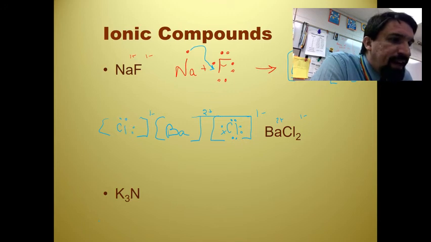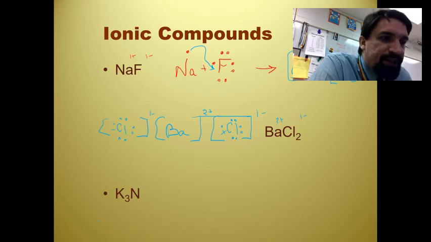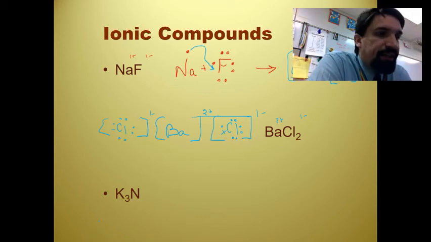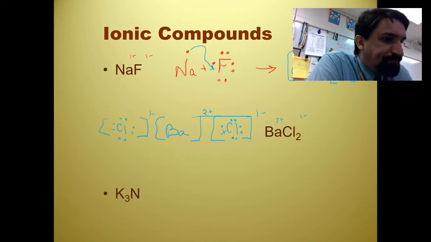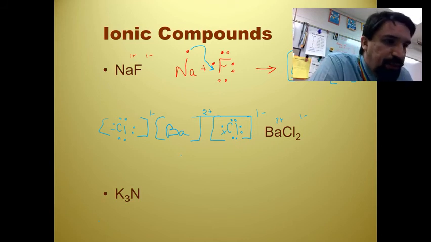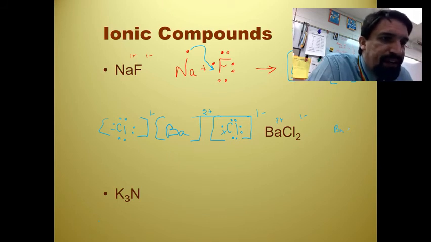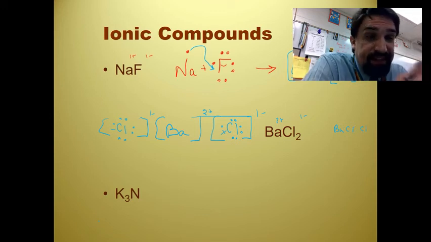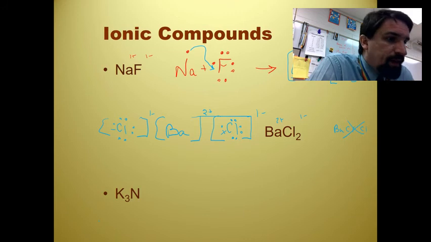This way, I can keep the two negative charges as far apart from each other as possible. They're 180 degrees away from each other. If I had put it over here, they would only be 90 degrees away from each other. And if I had put the other chlorine over here so that it was BaClCl, that's two negative charges together. That would not exist. Okay.